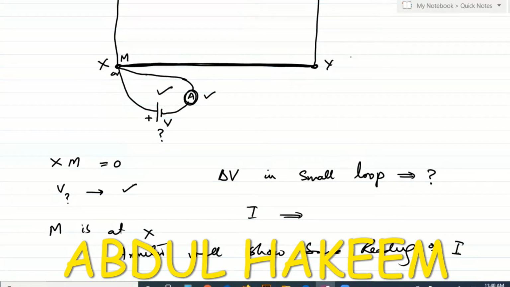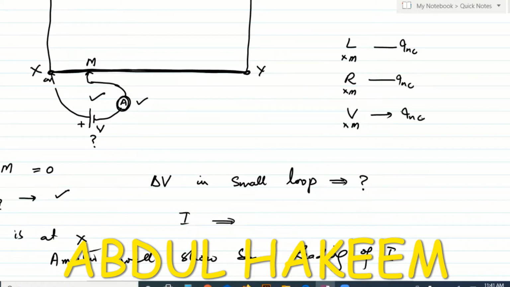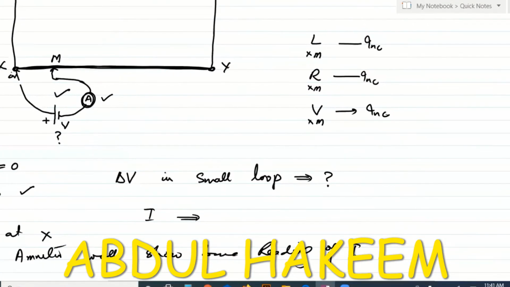Now, this M contact is moved away from X. Suppose here now. Now the length between X and M increases, the resistance between X and M increases, so the potential between X and M increases. Now, in the small circuit, the unknown potential is fixed.